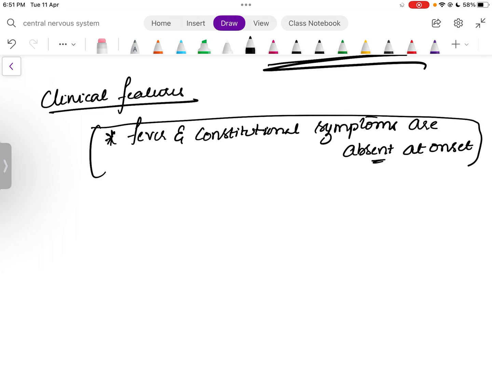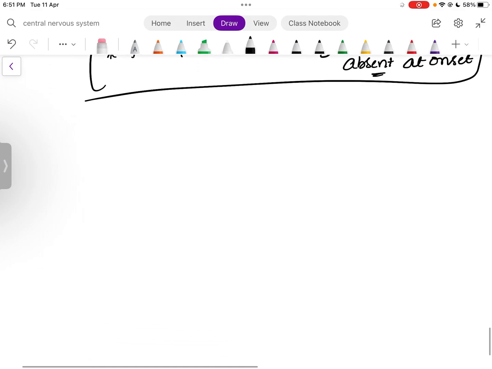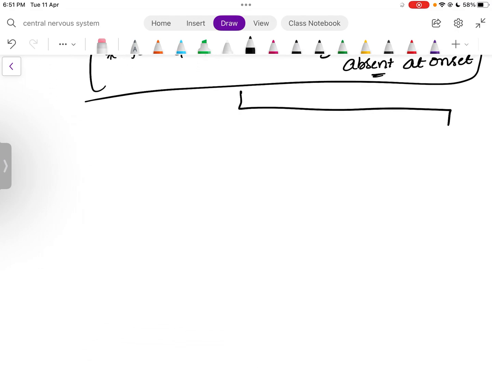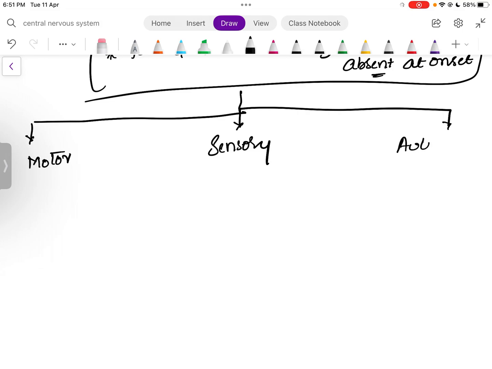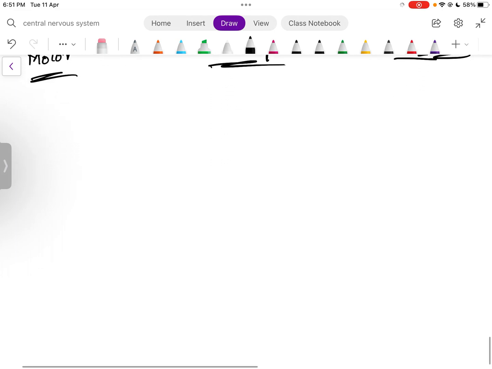This is the main feature. Apart from that, we can divide the Guillain-Barre syndrome symptoms into motor, sensory, and autonomic. So these systems are affected. We'll see motor symptoms first.